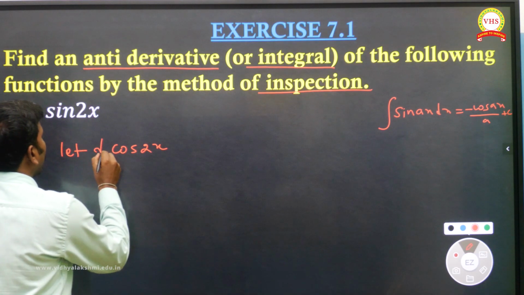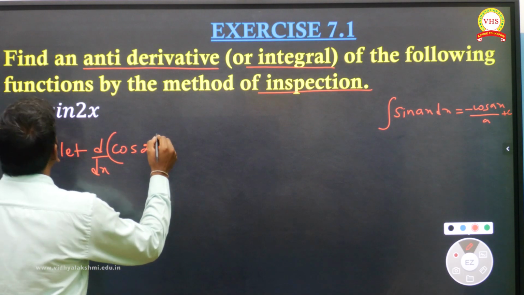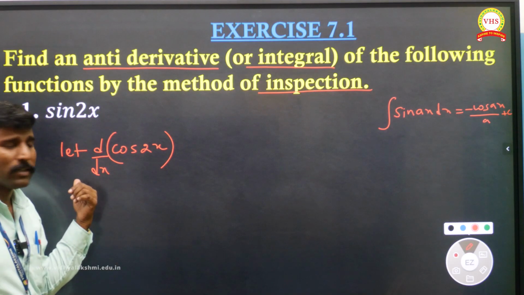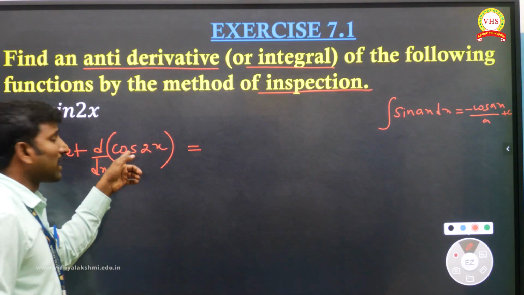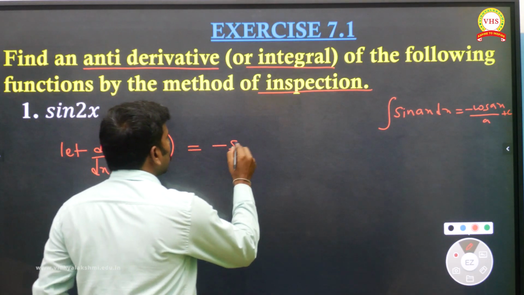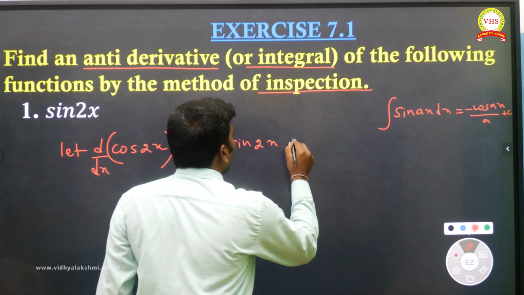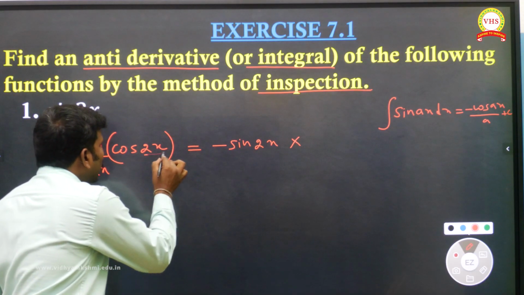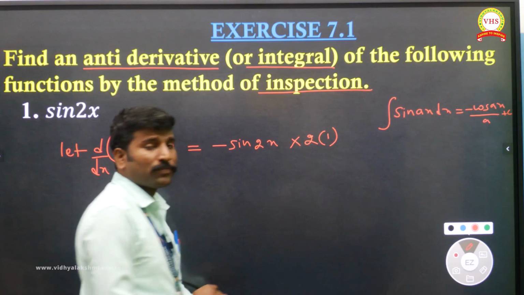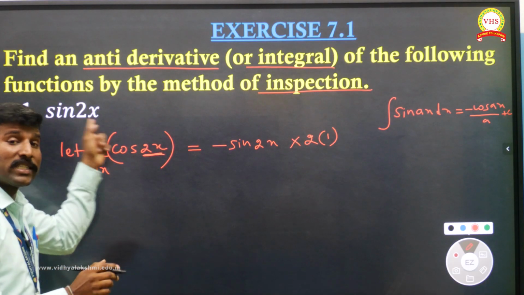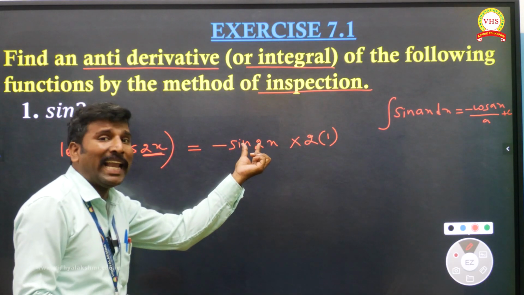When you differentiate, what am I getting? The same example we gave on the previous page. The derivative of cos is minus sine 2x into the derivative of 2x. 2 is a multiplying number and the derivative of x is 1. What do we need in the question? Sine 2x, so let sine alone remain.